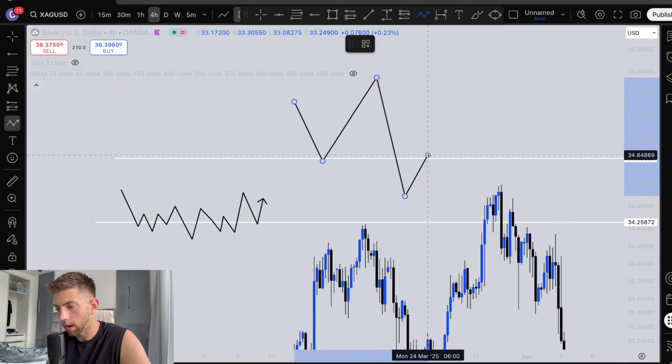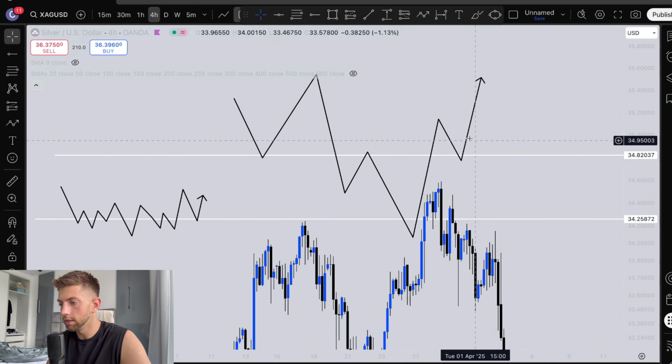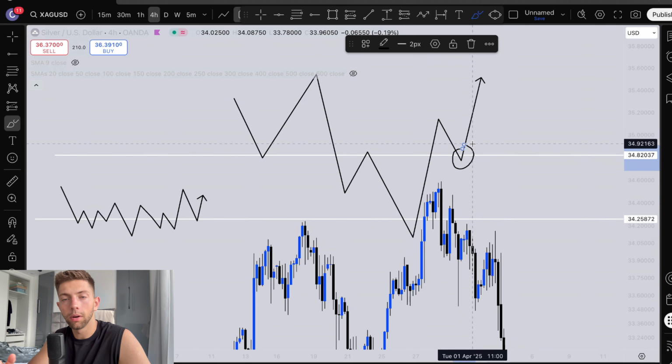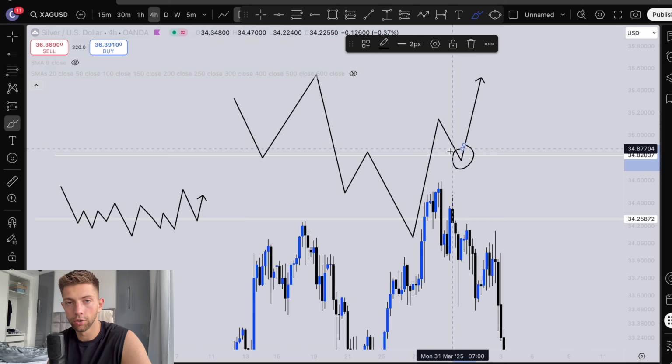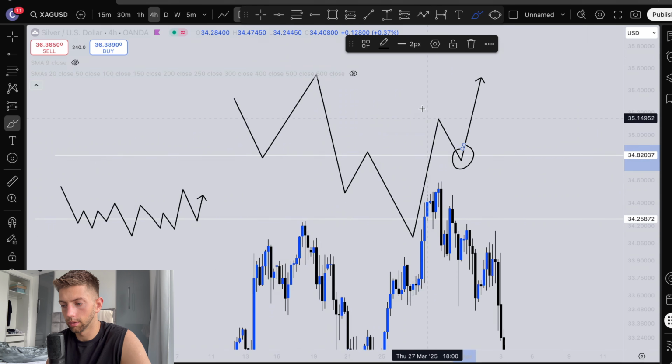When price is doing something like this off of that level, that means every time price gets to this level, I'm going to be paying attention. Let's say I'm bullish and price gets to this level, there is a really high probability that price will shift from this bearish pullback and go bullish again. Same thing with a bearish market.